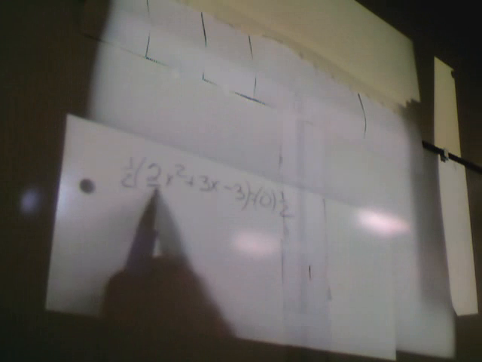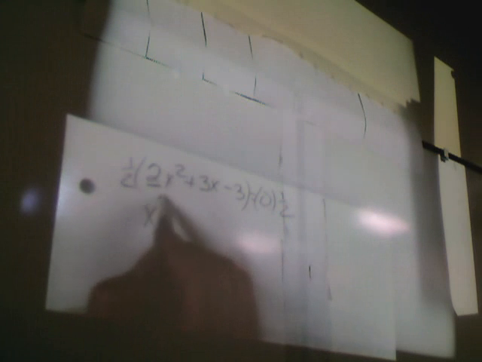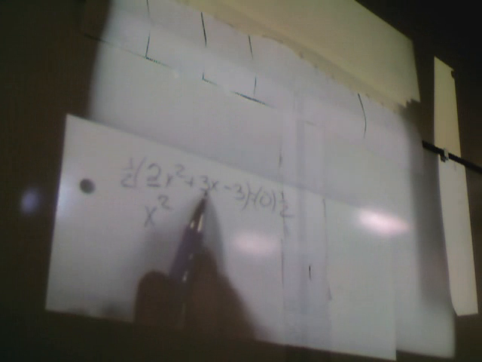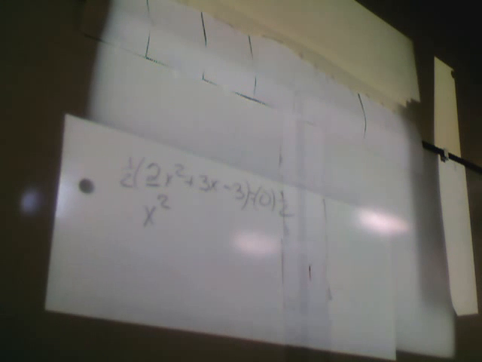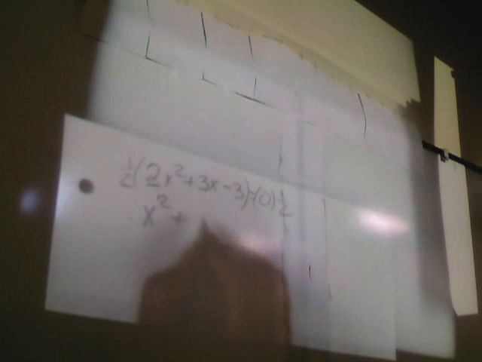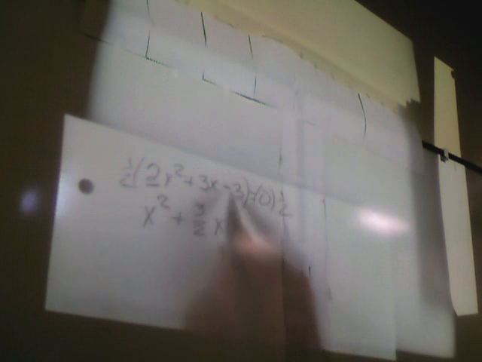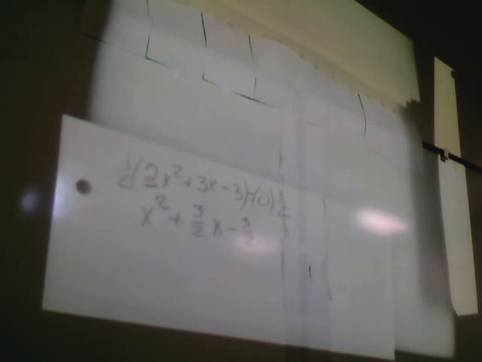So 1/2 times 2x squared is just x squared. 1/2 times 3 will be 3/2. And then minus 3 divided by 2. On the other side, we have 0 times 1/2, just 0, right? Okay.